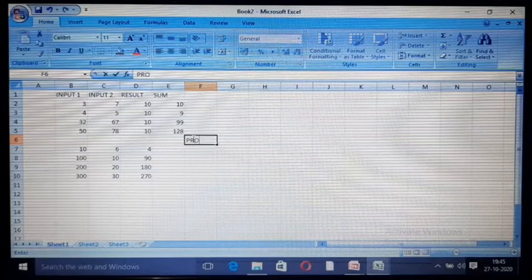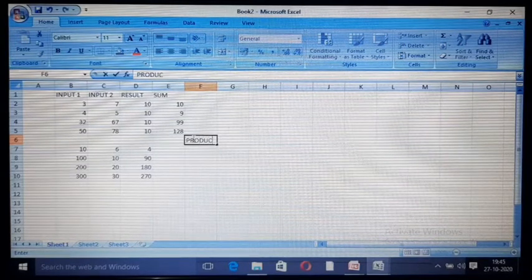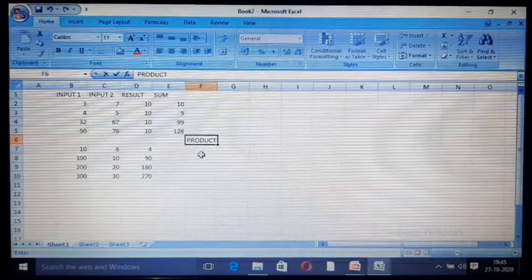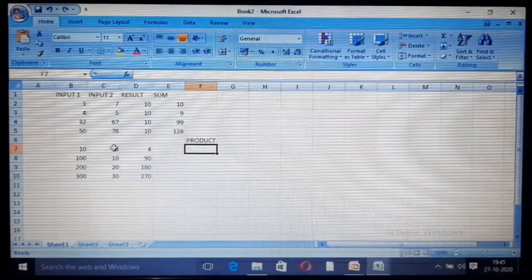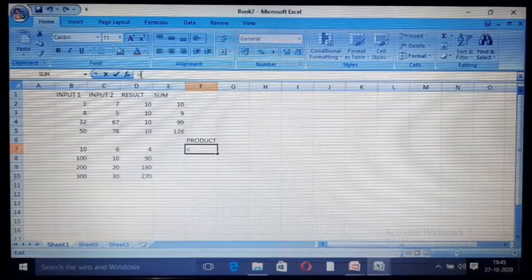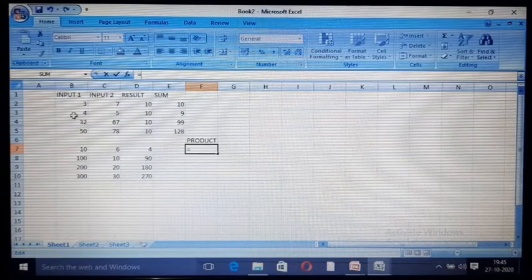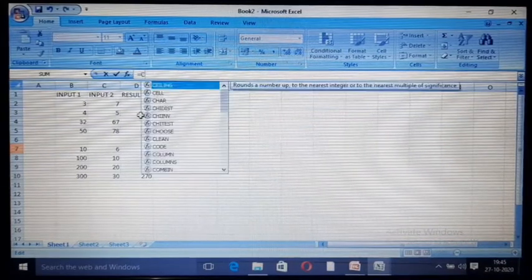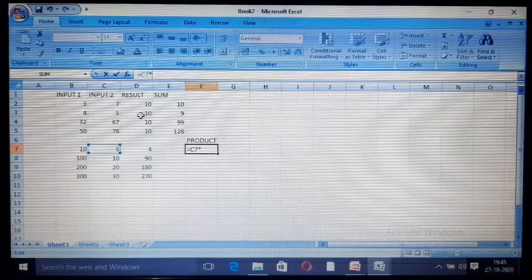Suppose you write here product. The product of 10 and 6 will be displayed here. Now how will you write? You click on the formula bar here. Now you click equal to, then B7 first, and you write asterisk.